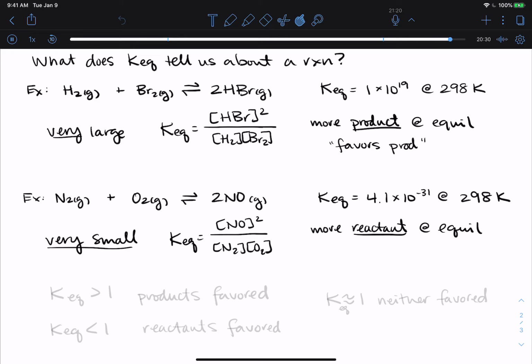In general, what I want you to keep in your head, because you can't always pull the equilibrium constant expression and look at this, is that you'll find this trend across reactions. If you have a KEQ greater than 1, the products are favored.